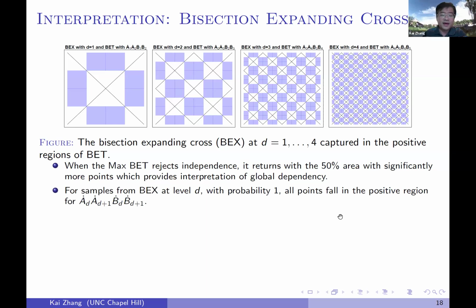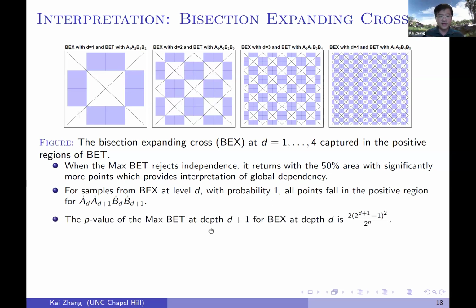I would like to illustrate that with the fractal again. The idea is that if all these points fall into the white regions of these interactions, so if you sample points over these grid lines and they are all in the white region, the p-value for this test at this depth is here: 2 to the power of n, because all n points are in the white region, where n is the number of cross interactions, and this 2 is for the two-sided test, white and blue.